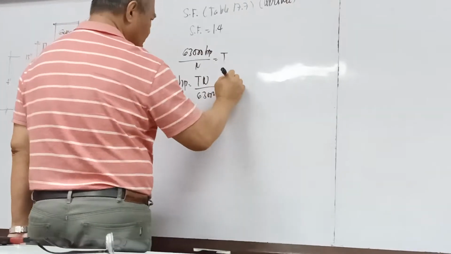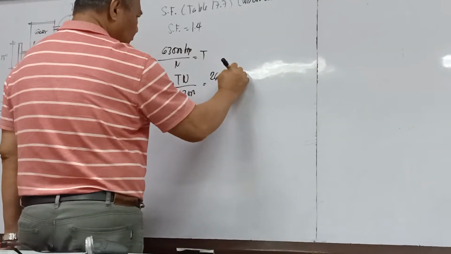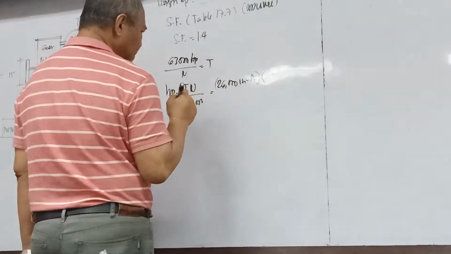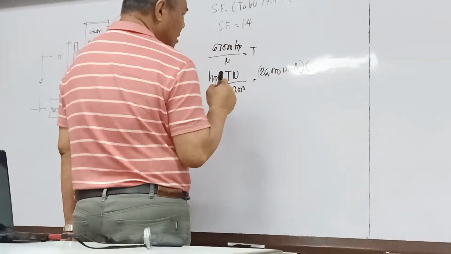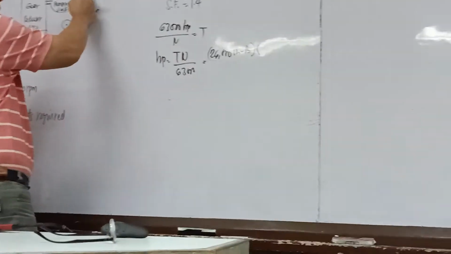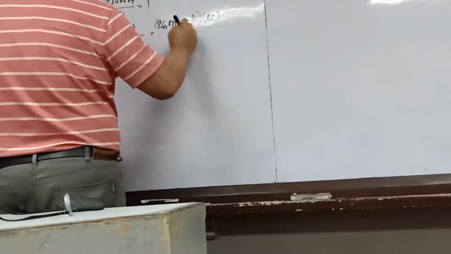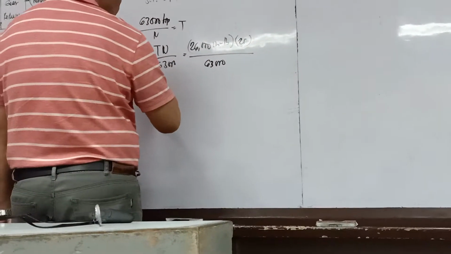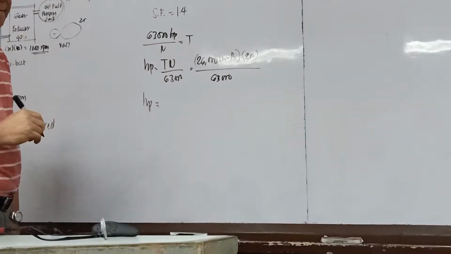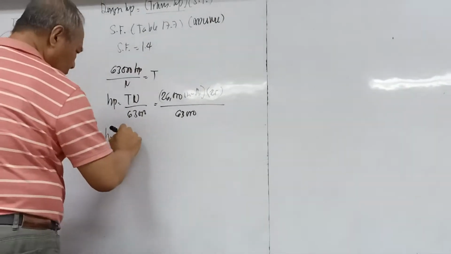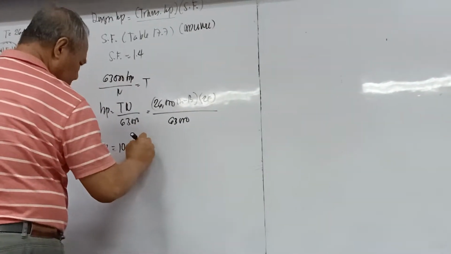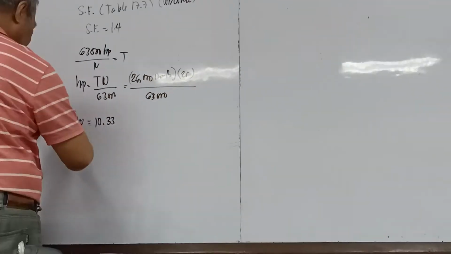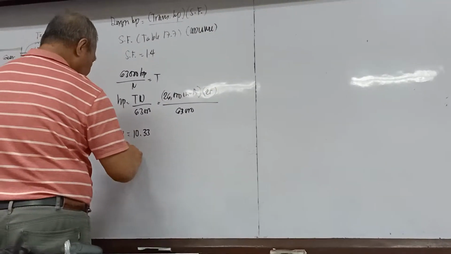Our torque is 26,000 inch-pound, multiplied by the RPM, which is 25, all over 63,000. So this is our horsepower, which is 10.33 horsepower.